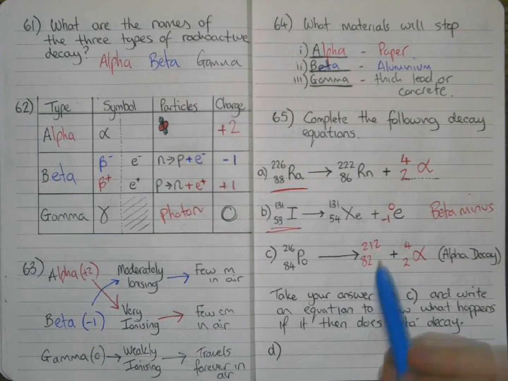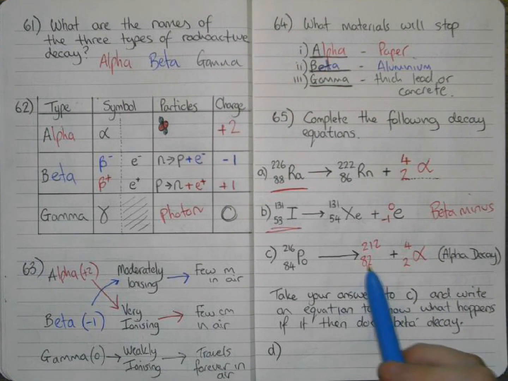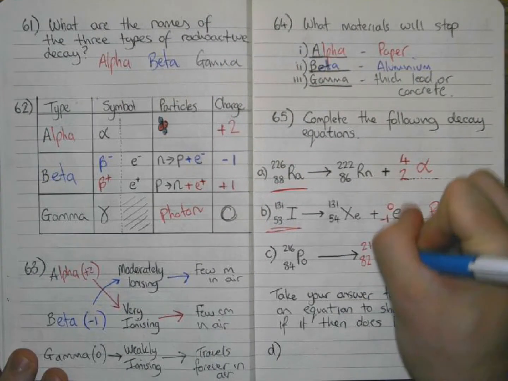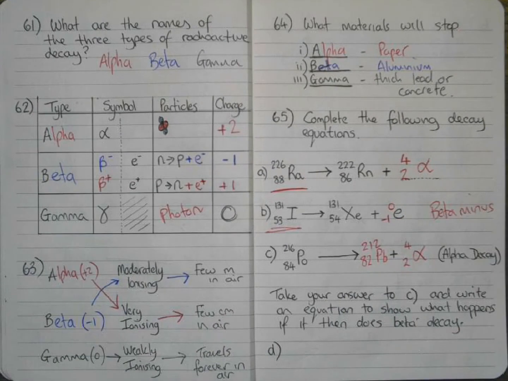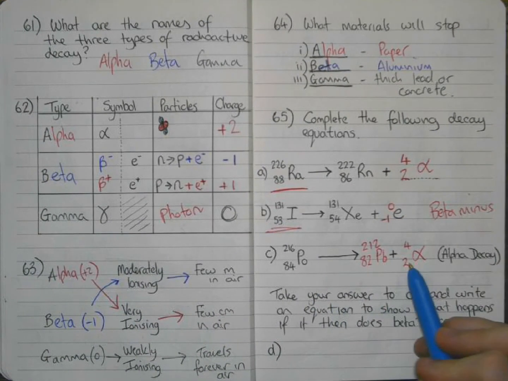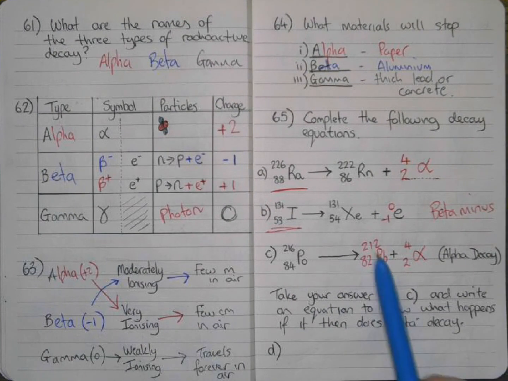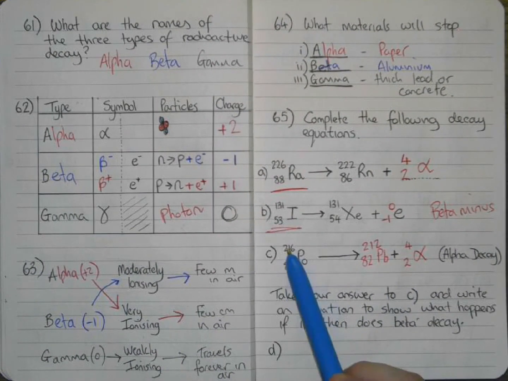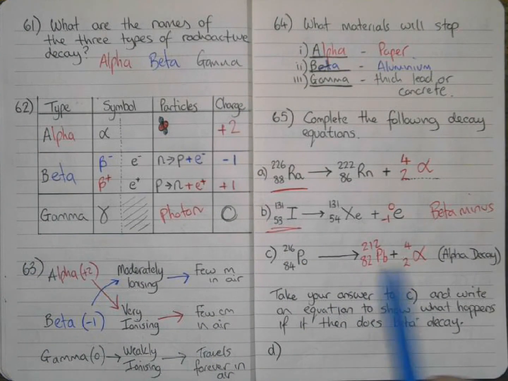And therefore, what element has been formed? What's the new nucleus? 82 protons. If you check your periodic table, you'll find that that is lead. So the polonium has changed into lead and it's given off an alpha particle. The 2 numbers there add up to that one, and the 2 numbers there add up to that one.